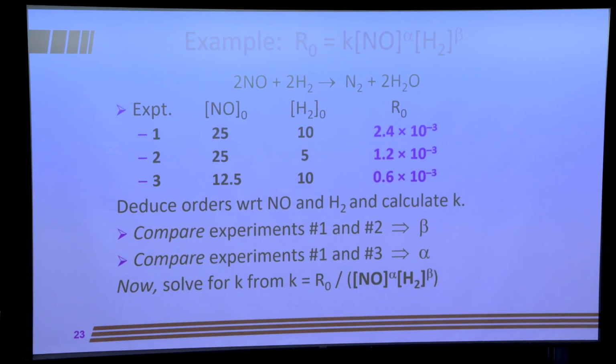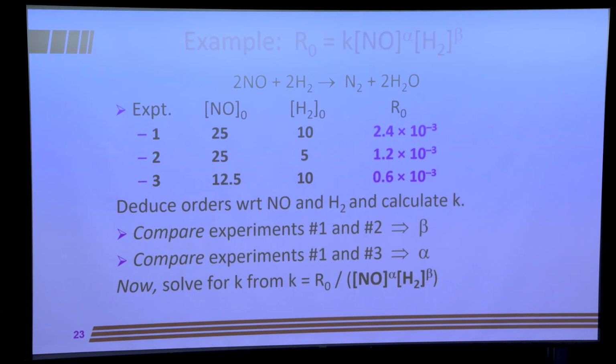So that's that. Okay, so here's an example. We have 2NO plus 2H2 gives N2 plus 2H2O. Okay, experiment number 1, the initial concentration of NO is 25 arbitrary units, whatever you want to use. Hydrogen is 10, and the initial rate is 2.4 times 10 to the minus 3 units, whatever that is.